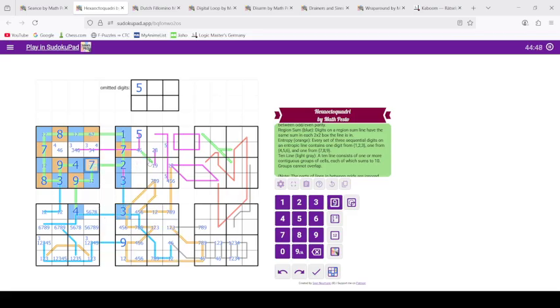This is a 7. That's a 6. That's a 1, 2, 1, 2. That's not a 4. How this gets resolved is over here.